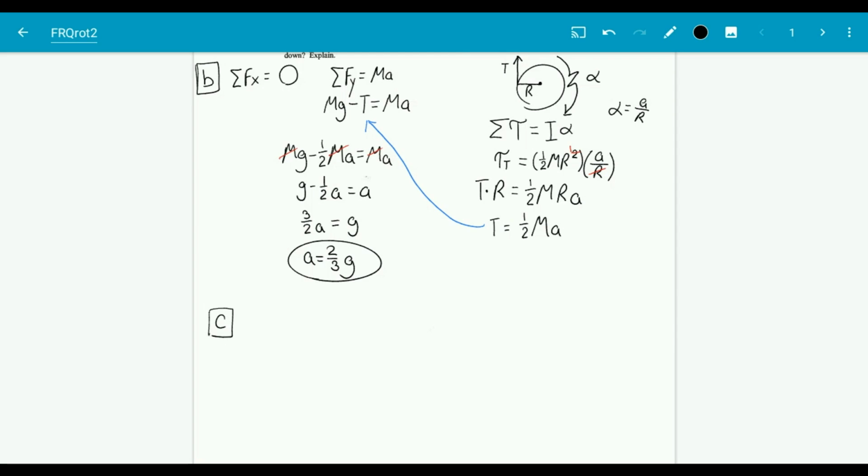Well, in part B, we looked at the tension, and the tension is on the rim of the cylinder, and that tension is causing a torque on the cylinder.